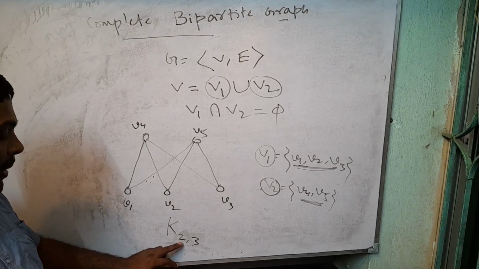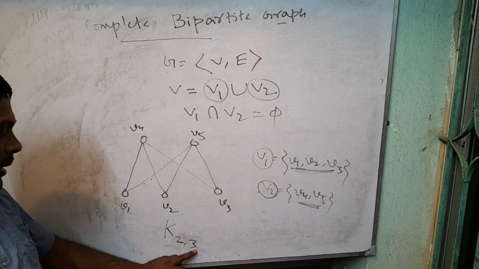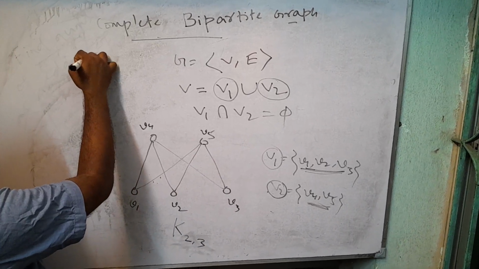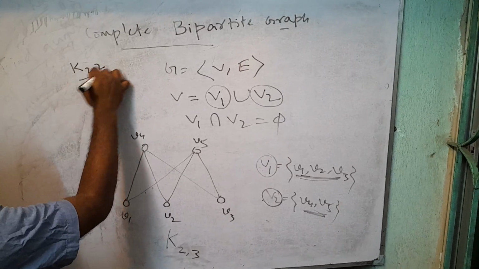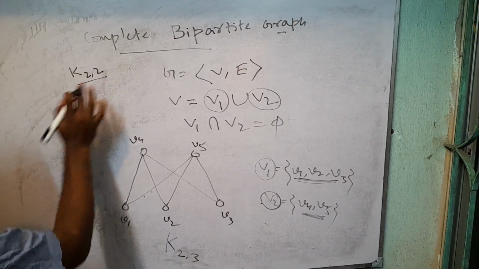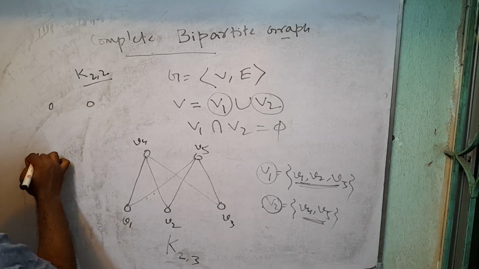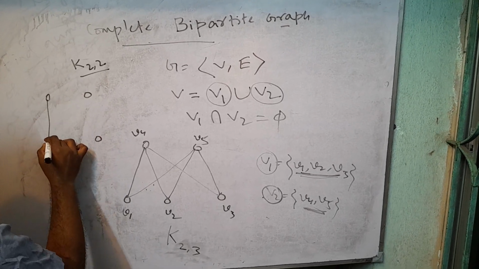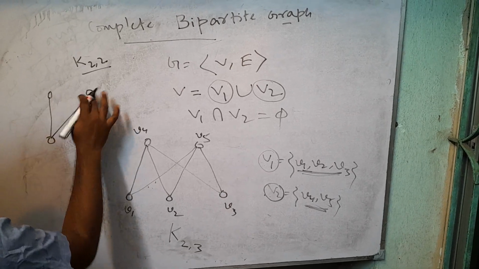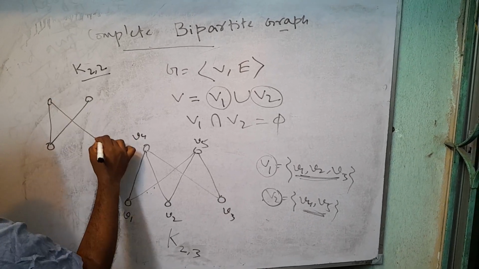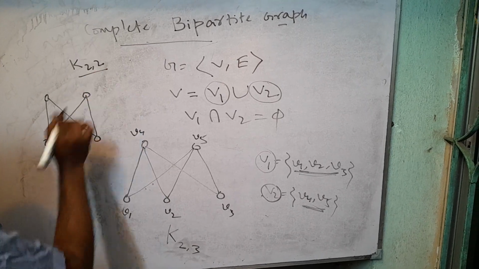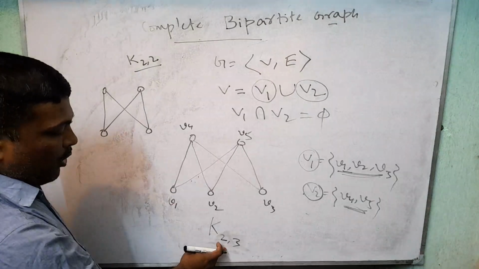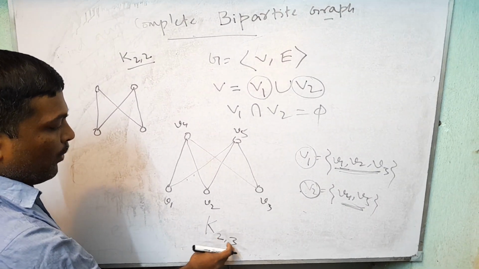Now the question is, draw the complete bipartite graph K2,2. It has 4 vertices: one subset has two vertices, another has two vertices, and each vertex is joined to all the vertices of the other subset. This is the complete bipartite graph K2,2.